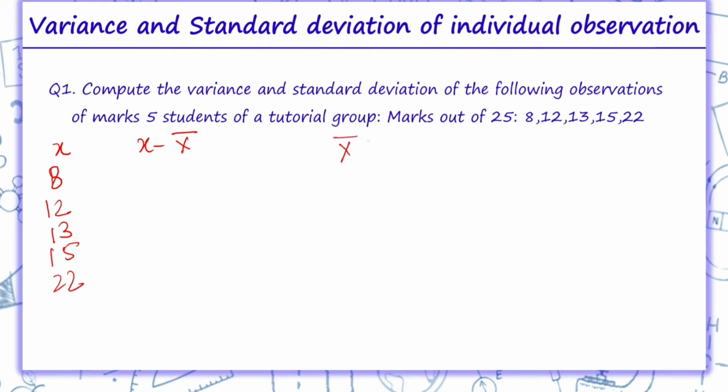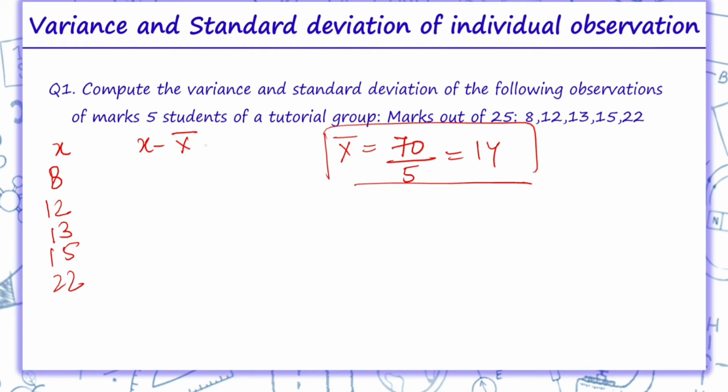First of all, we'll find the mean. The sum of all observations: 8 plus 12 is 20, plus 13 is 33, plus 15 is 48, plus 22 is 70. So the sum is 70 upon total observations 5, so 70 by 5 is 14.